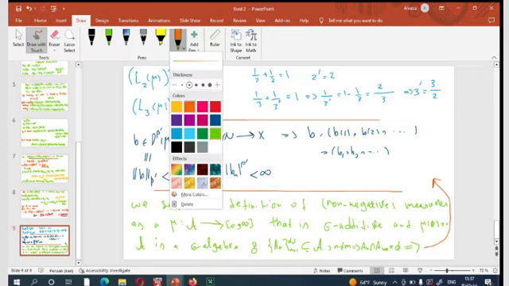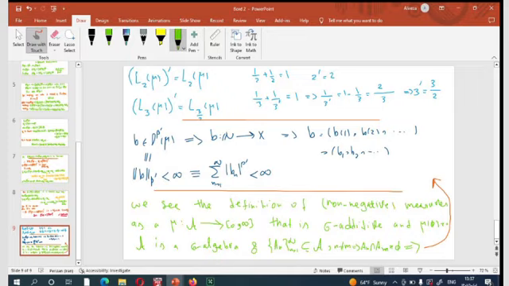mu of its union equal to this summation.